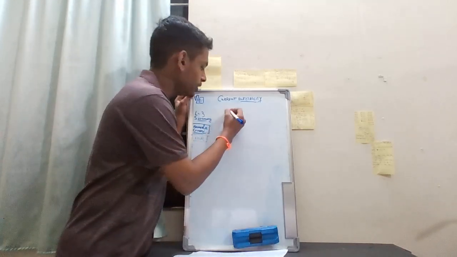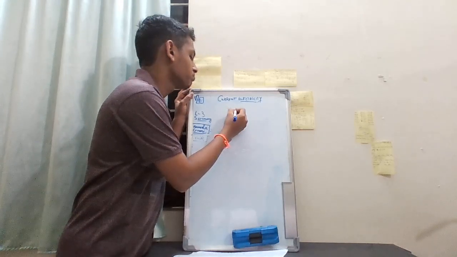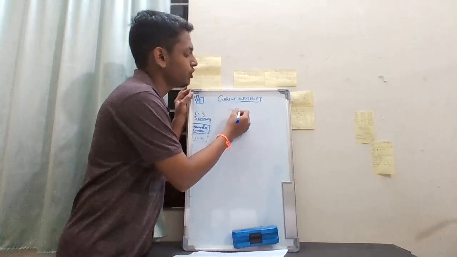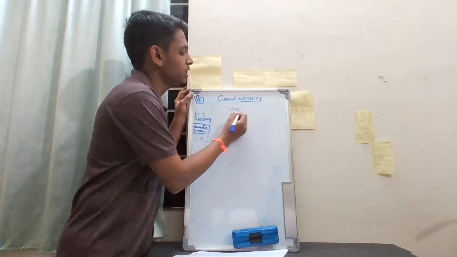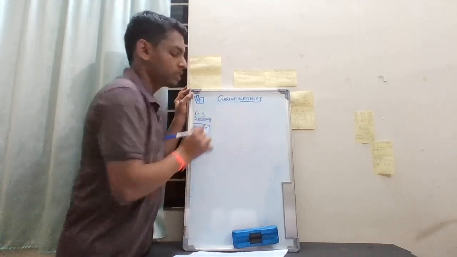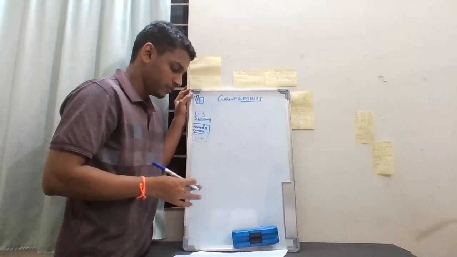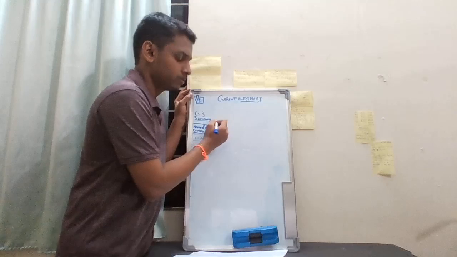So volume is A into L. If we increase L, A should decrease, and if we increase A, L should decrease. So with keeping that in mind, we'll say, what if L is increased?